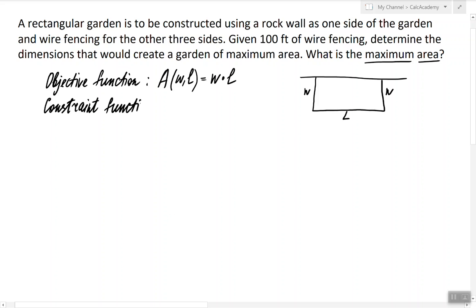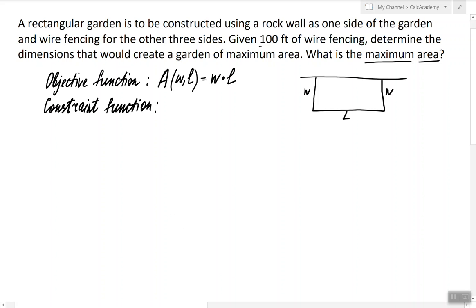So we have to look for the constraint that relates W and L. So in other words, what prevents W and L from growing indefinitely?